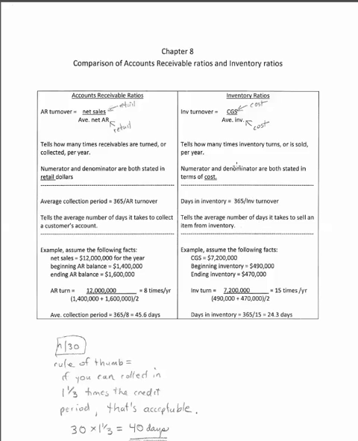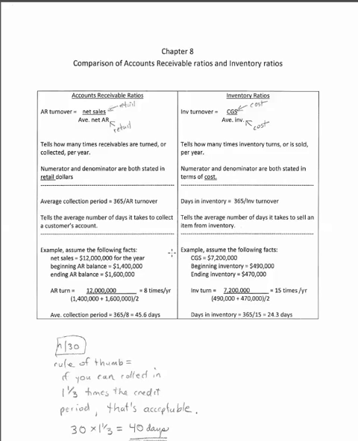And we did that by taking 365 and dividing it by the inventory turnover. With accounts receivable, we can figure out how many days on average it takes to collect from our customers by taking 365 and dividing by the receivable turnover. So these ratios are extremely similar.